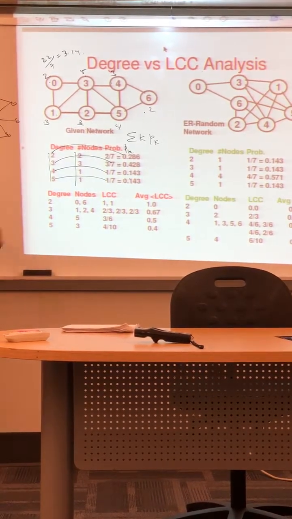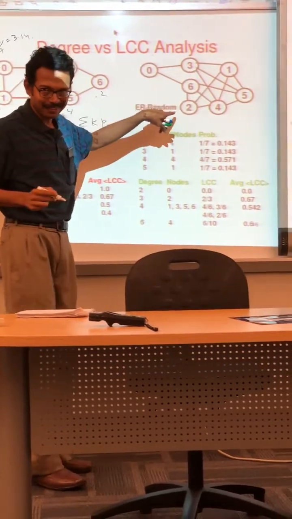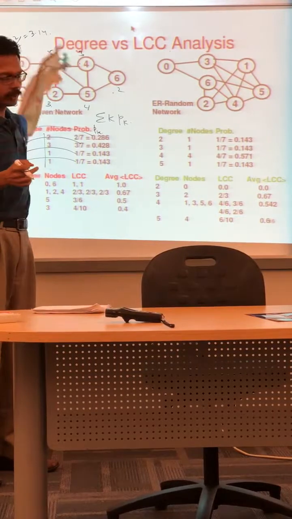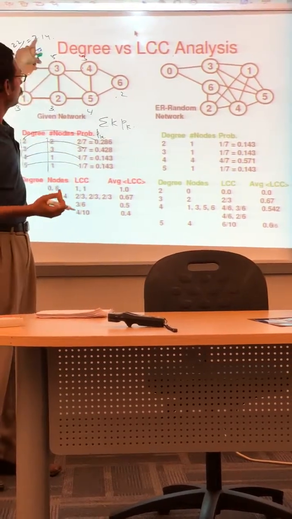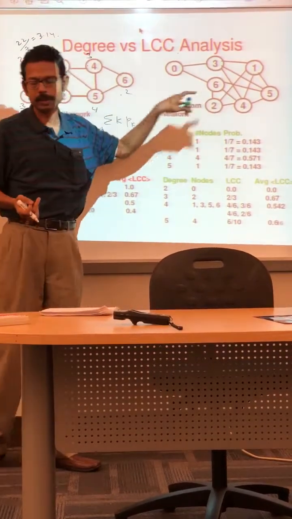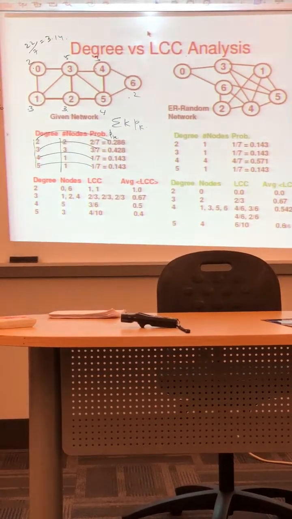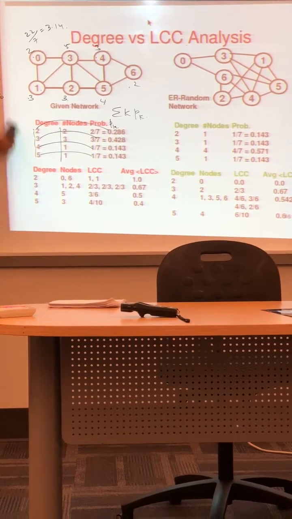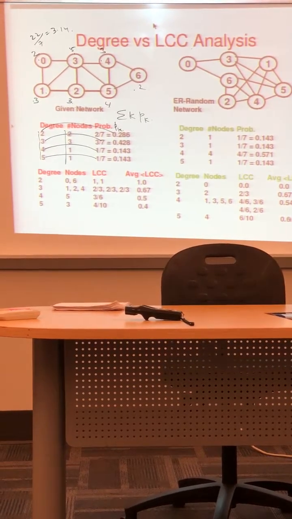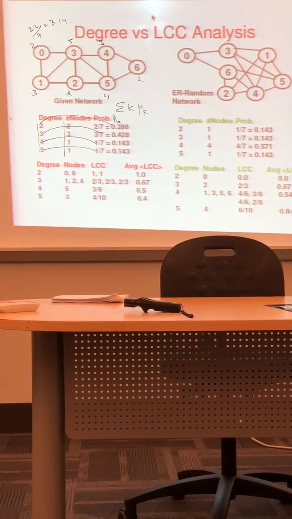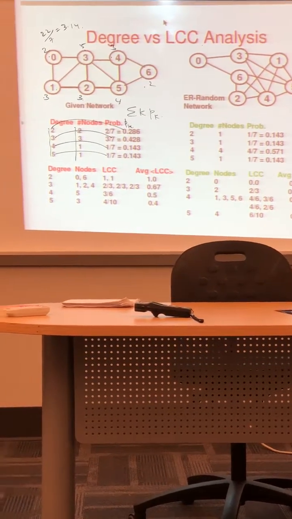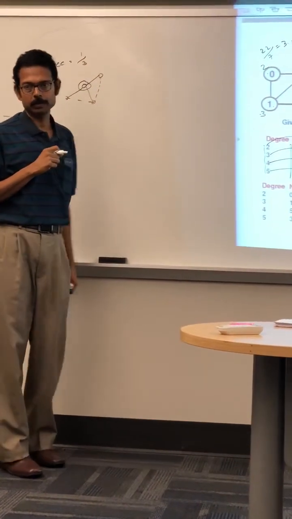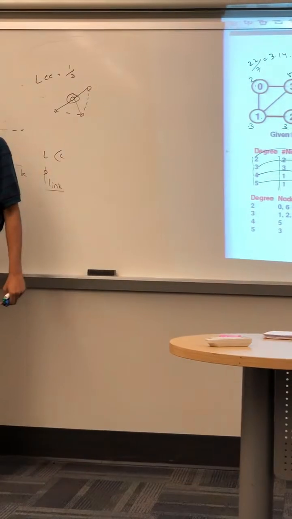So now how to generate a random network that has the same number of nodes and average degree close to this 3.14, or using this 3.14 as the average degree, how to generate the random network? Any answer? You've already seen how to do that last class. For a random network, what is the formula for the average degree in terms of the number of nodes and the probability for a link?